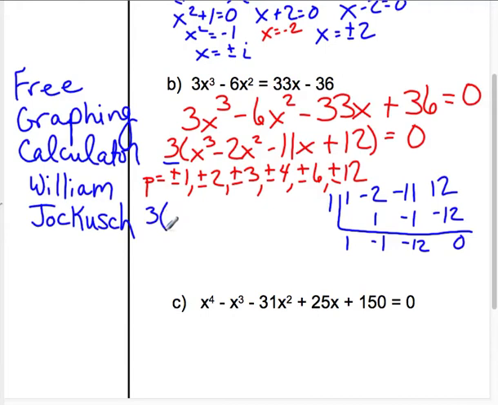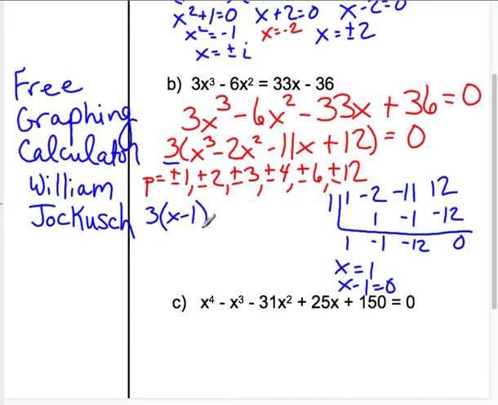Now what this means here is that 1 is a root, which means x equals 1 is a solution of the polynomial. So when you set that to 0, you subtract 1 from both sides. So the x minus 1 is a factor of the polynomial.